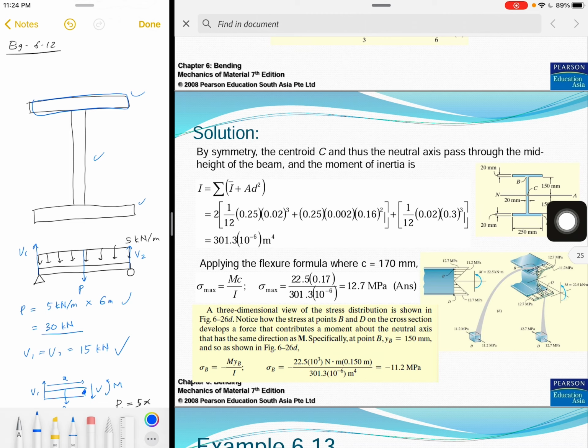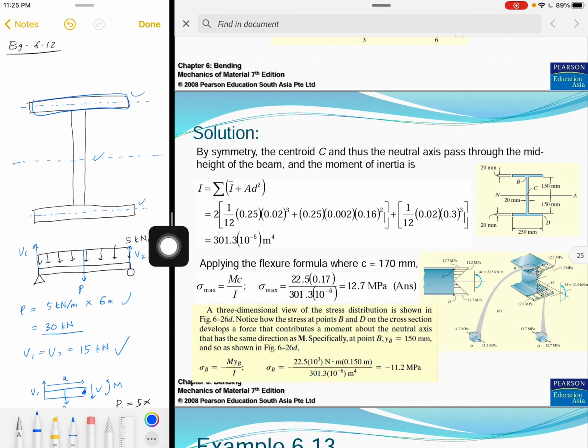Okay, first, we want to calculate the I for each rectangle, and then you want to consider the neutral axis. Okay, for the rectangle with centroid not aligned with the axis, you need to add AD square. So this is the formula, AD square.